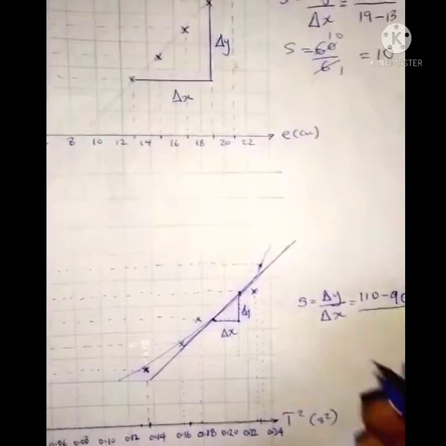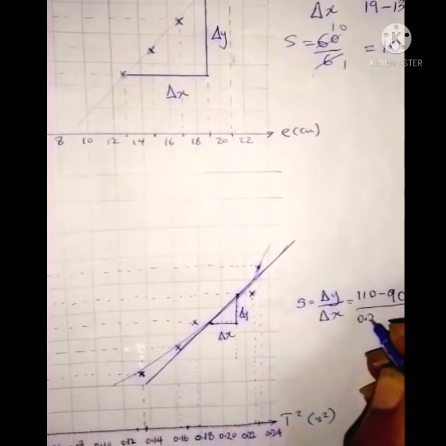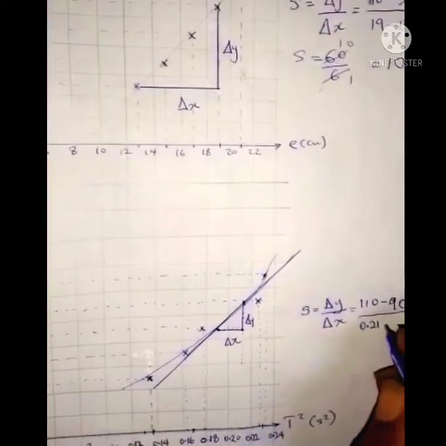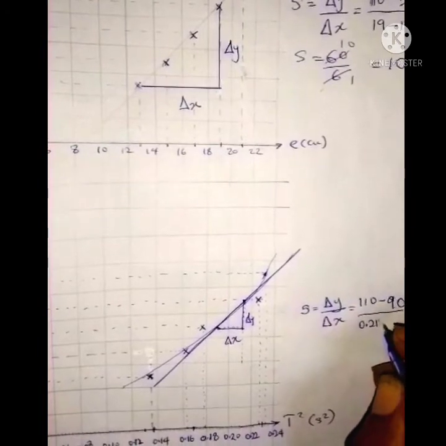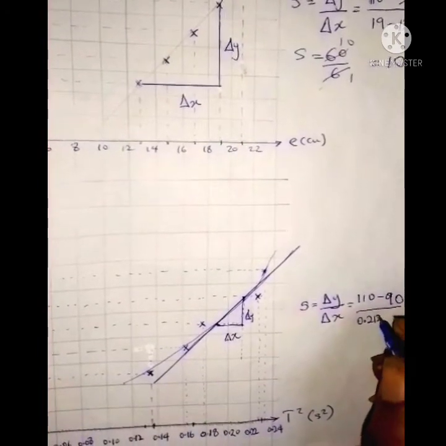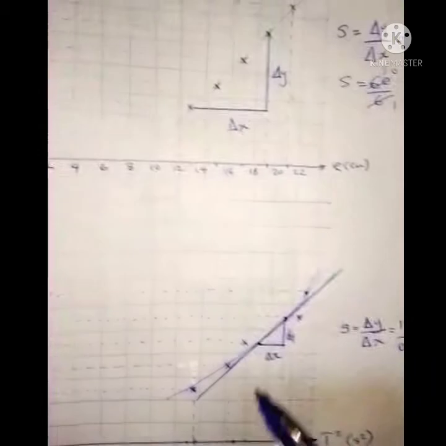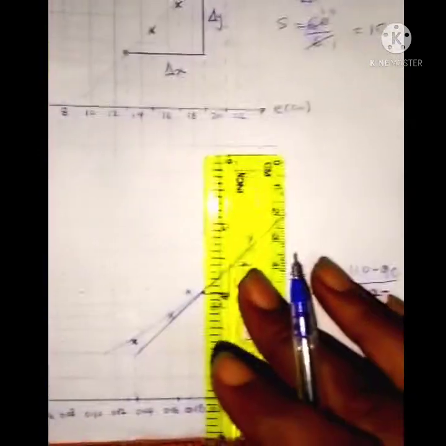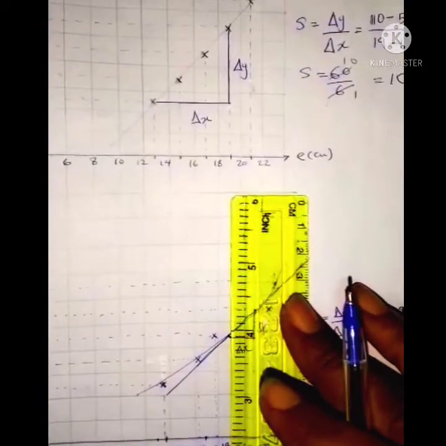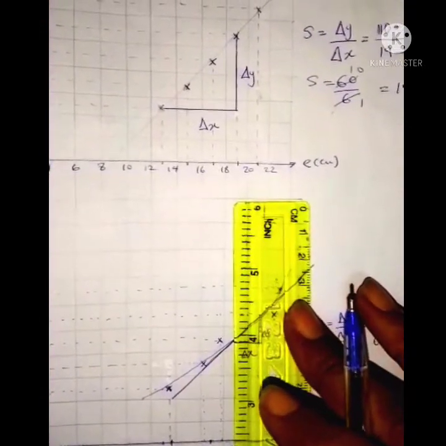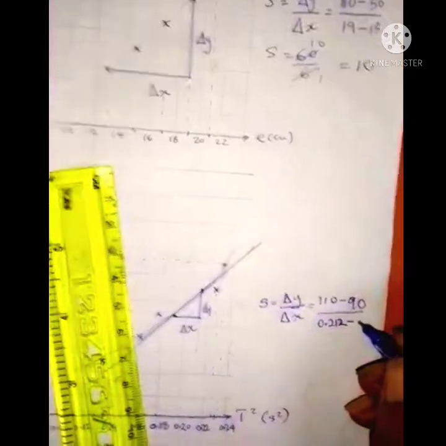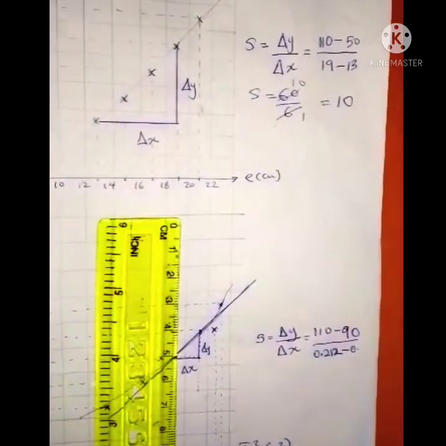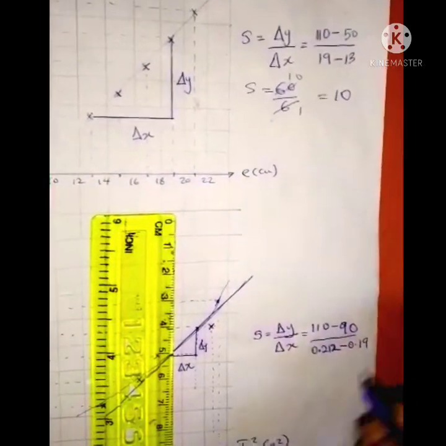So let's say 0.212. 0.212 minus, the second point is going to be somewhere here on the x-axis. That's the middle, right? So that would be 0.19.